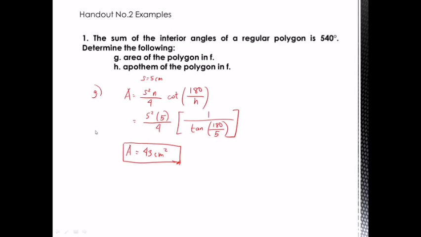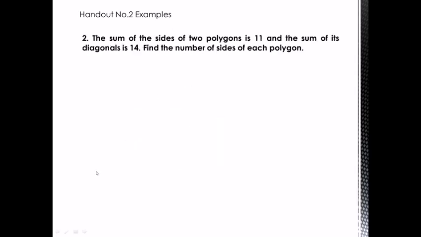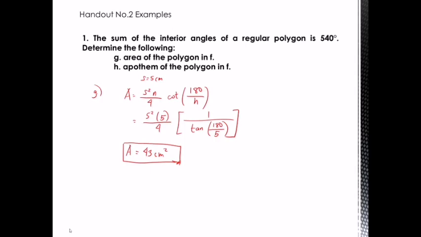Then I guess this is the last one, letter H. Find the apothem of the polygon in F. So, given from the formula sa area, which is 1/2 perimeter times apothem. Apothem therefore is 2 times the area over the perimeter.